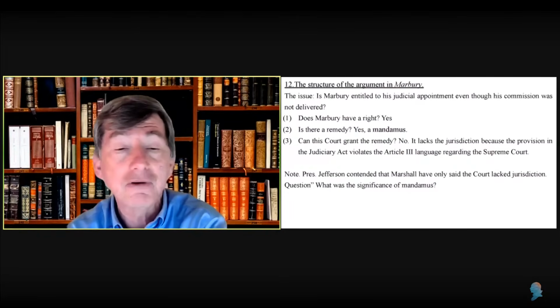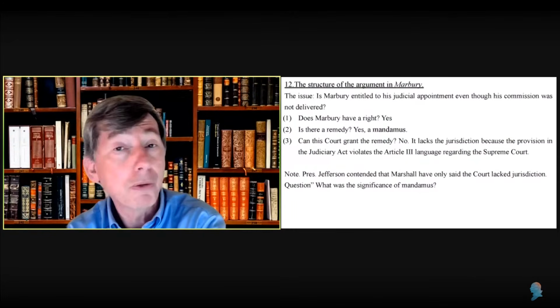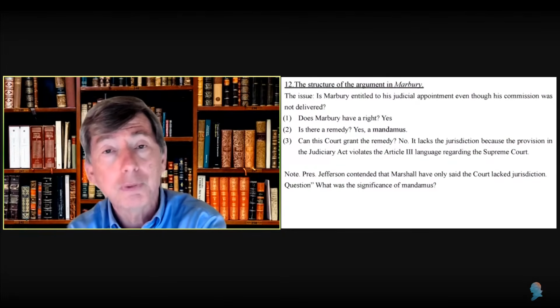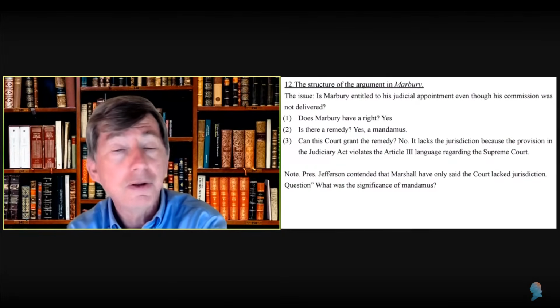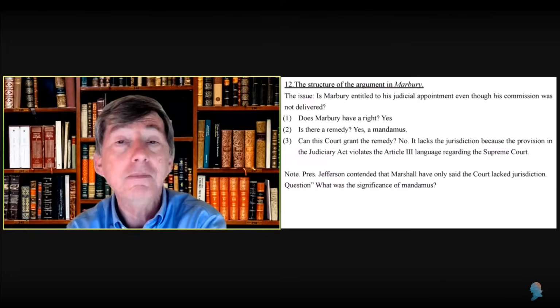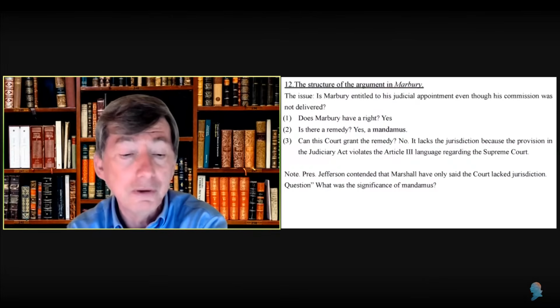That's why the language just quoted on the prior slide from both the Federalist and Marbury is all about the preeminent role that the court has. That doesn't mean that it is supreme over the other branches. It means that it is equal to the other branches and is not going to let it be run over, as Jefferson wanted to do.